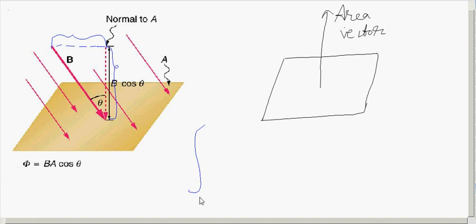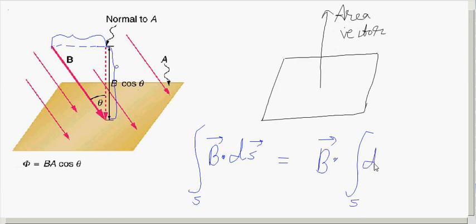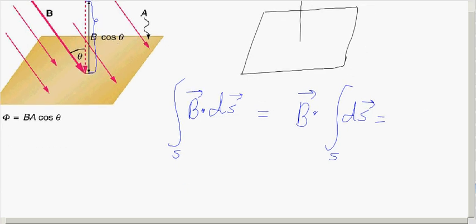Therefore it is calculated as the surface integral of B dot dS. In case the area of the surface is A, then, because in the case of a uniform magnetic field, B dot dS integrated over the surface gives the area A, as in the given figure, this equation will become B dot A, or it can be written as BA cos theta.